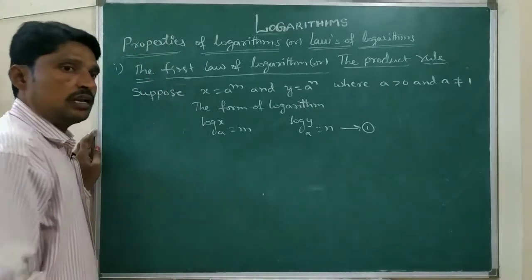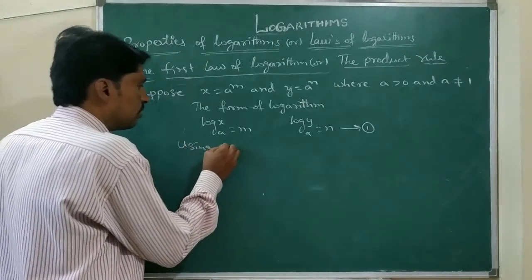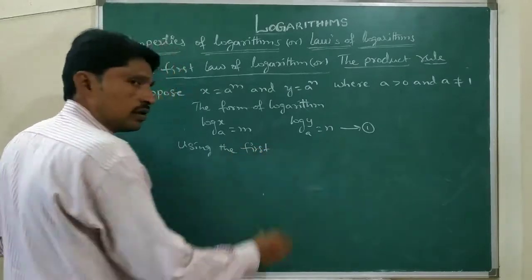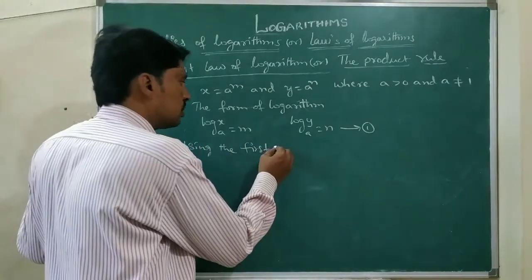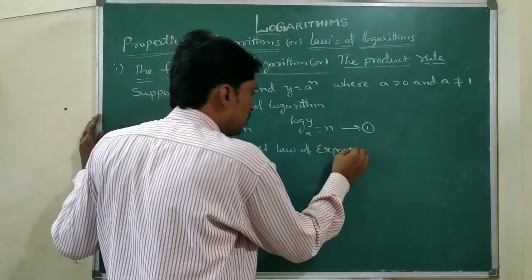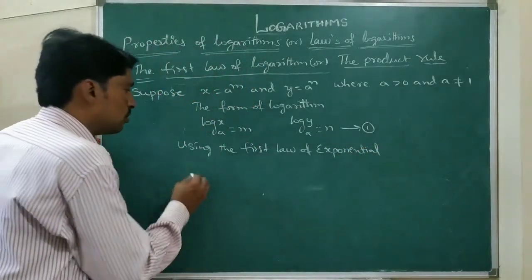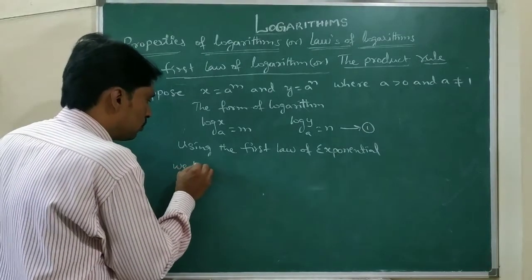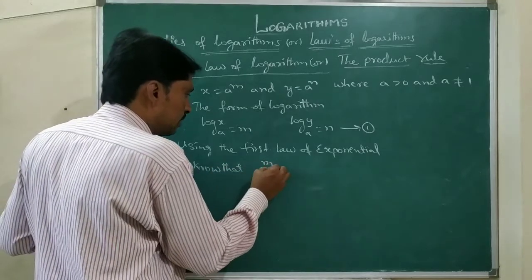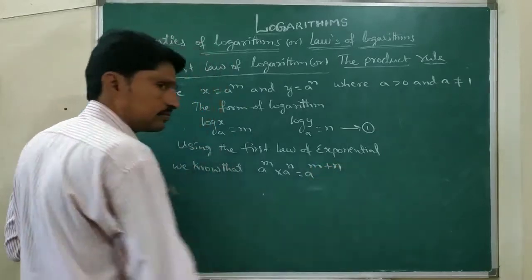Using exponential formulas, so using the first law of exponential. So, what is the first law of exponential? We know that a power m into a power n equals a power m plus n.